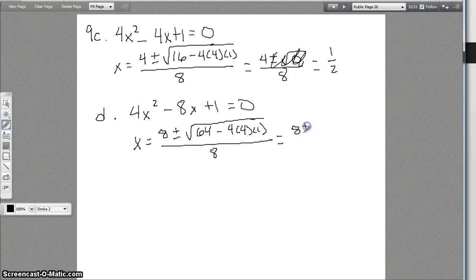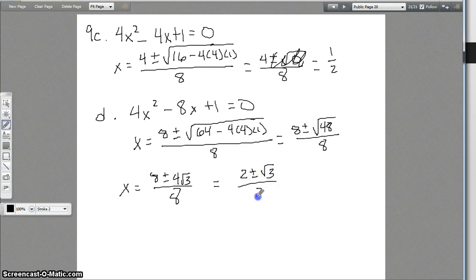So that is 8 plus or minus the square root of 64 minus 16 is 48, all over 8. And then we can bring that down here on the next line. We have 8 plus or minus square root of 48 is 4 square root 3 over 8. That simplifies to 2 plus or minus square root 3 all over 2. So we divided everything by 4.